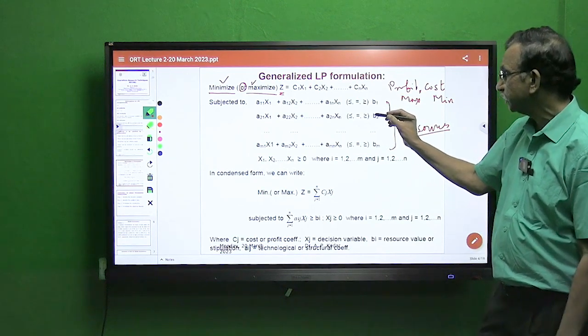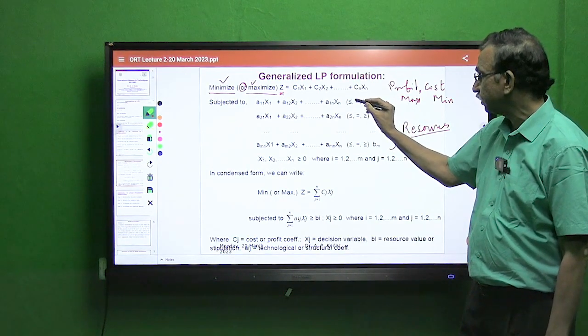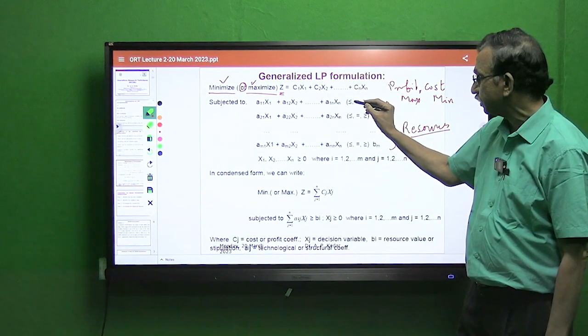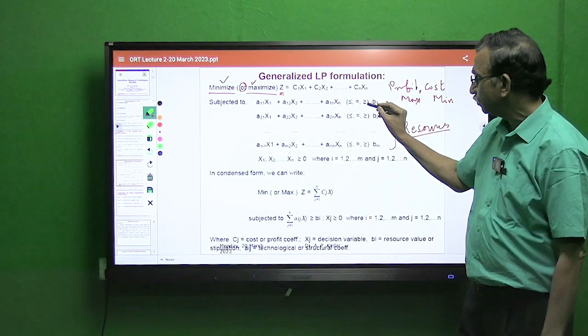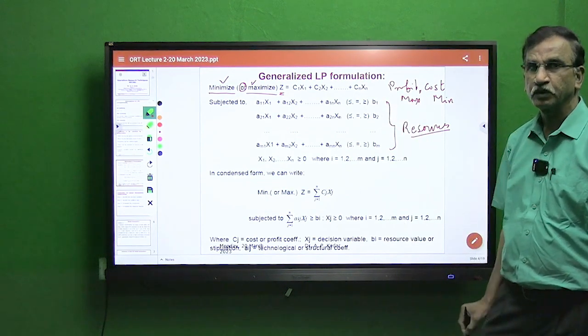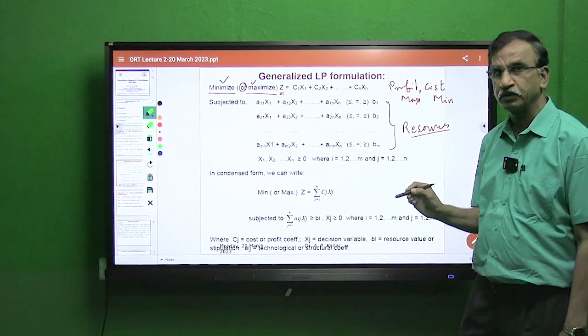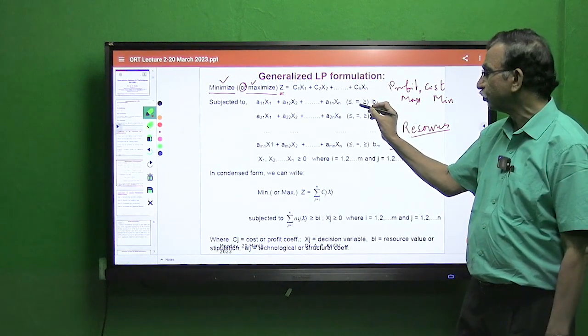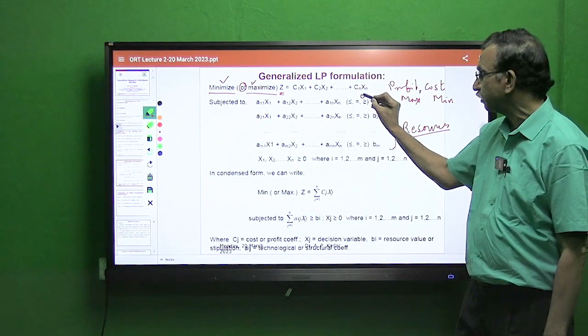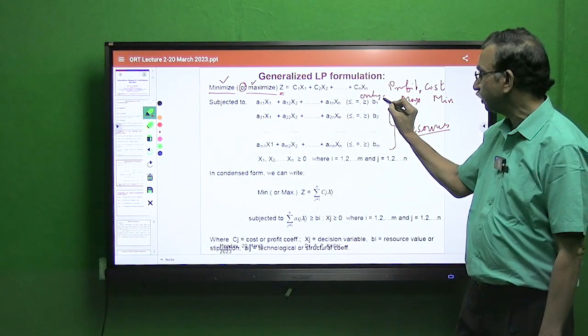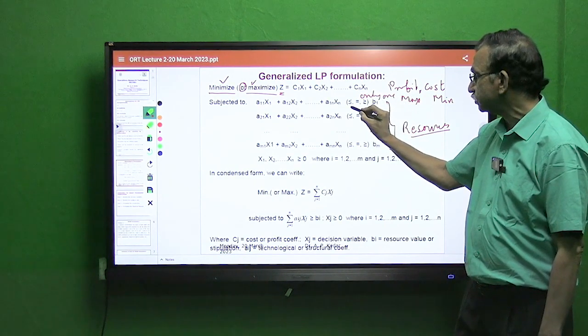Here you can see three logical relationships: less than or equal to, greater than or equal to, or equal to. Remember, whenever we write any equation, only one of these three will be present.